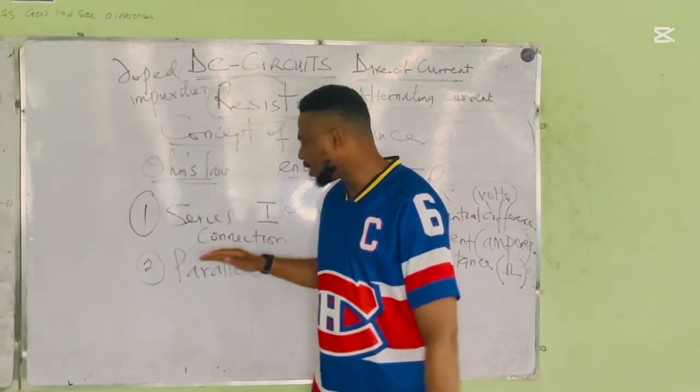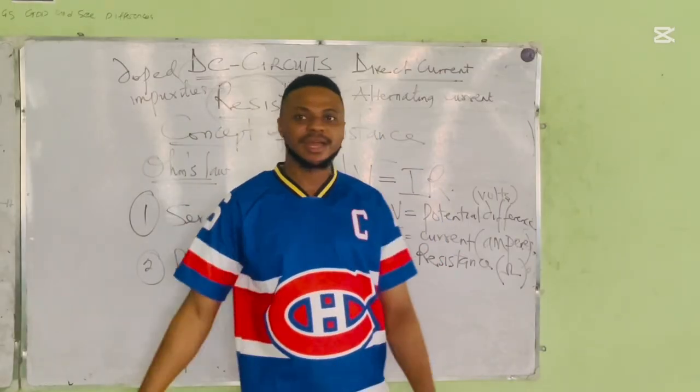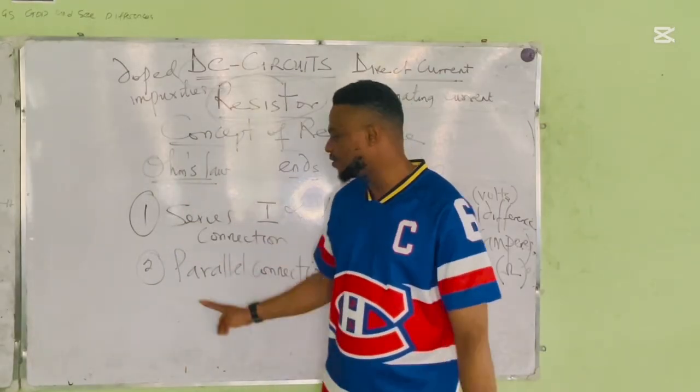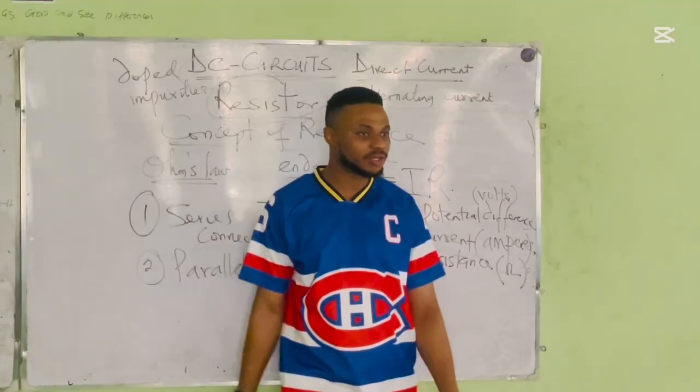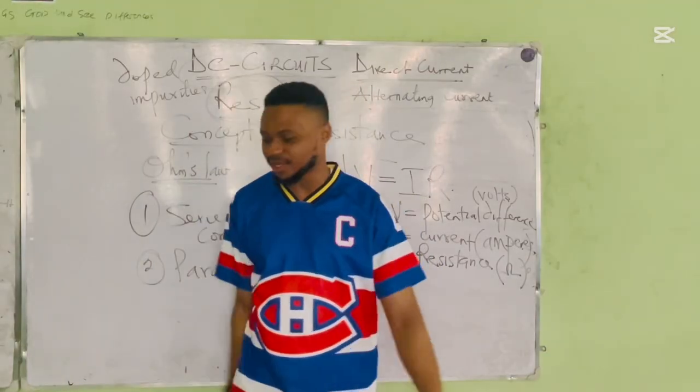So now let us begin with the series connection. Like I said, there are two ways: the series connection and the parallel connection. Let's look at the series connection first.